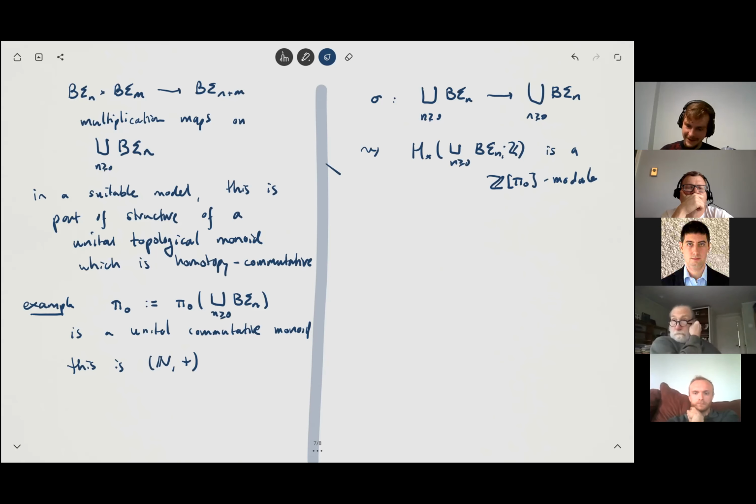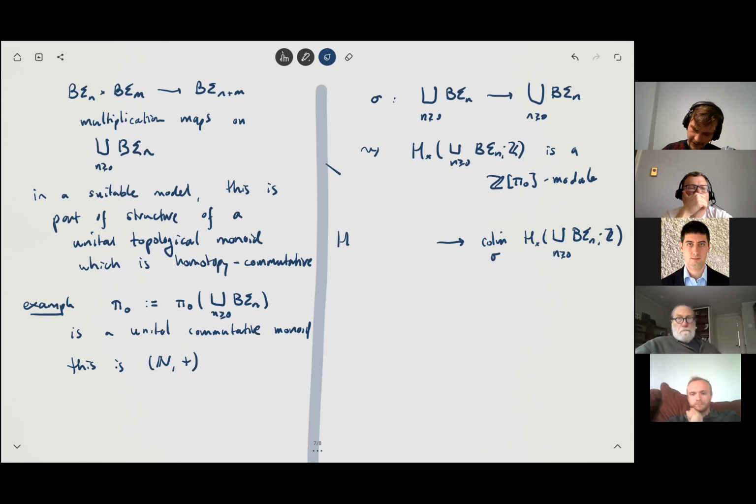Okay, so now I can finally make a statement about the stable homology. So computing the stable homology is the same as picking out one of the summands of this colimit. I just get a Z's worth of the stable homology. But another way to compute such a, what does this colimit compute?